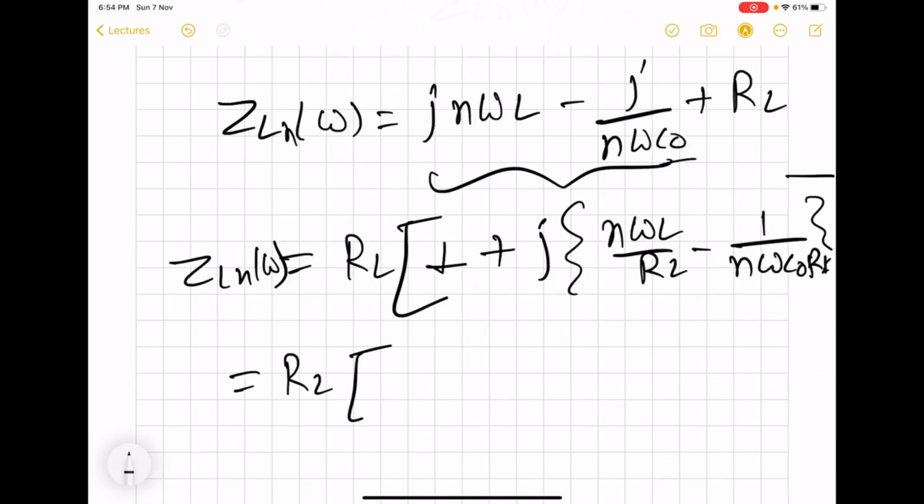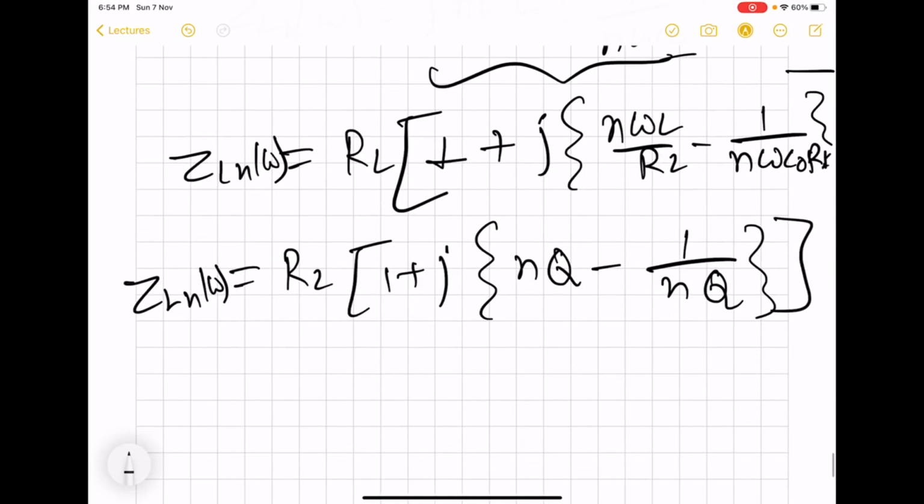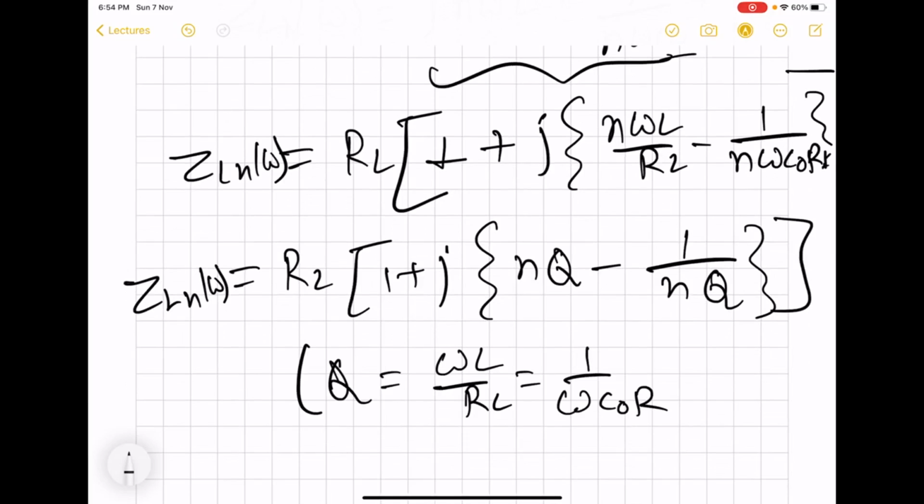And this becomes 1 plus j n Q, the loaded Q, minus 1 by n Q. So for the nth harmonic, this is going to be the scenario. This is the definition of Q.